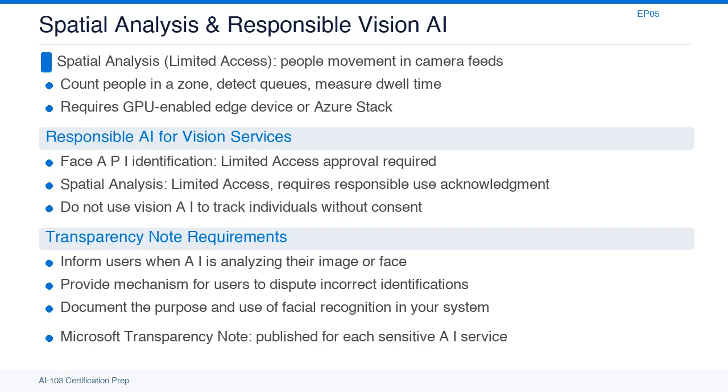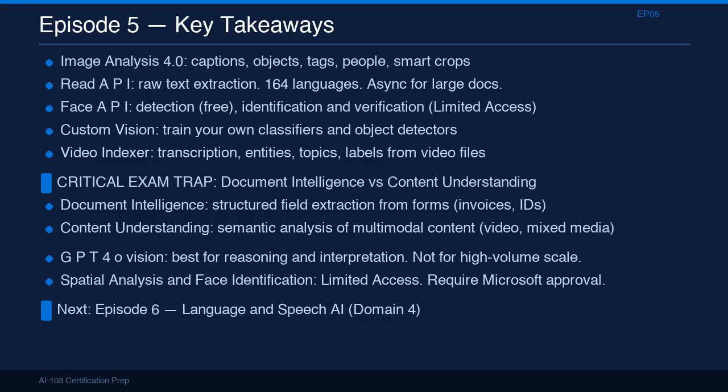For the exam, any scenario describing vision AI being applied to individuals without their knowledge would violate the responsible AI principles of transparency, fairness, and inclusiveness. Episode 5 Summary. Image Analysis 4.0 handles general visual understanding, captions, object detection, tagging, and smart crops. The Read API extracts raw text from images with bounding boxes, supporting 164 languages.